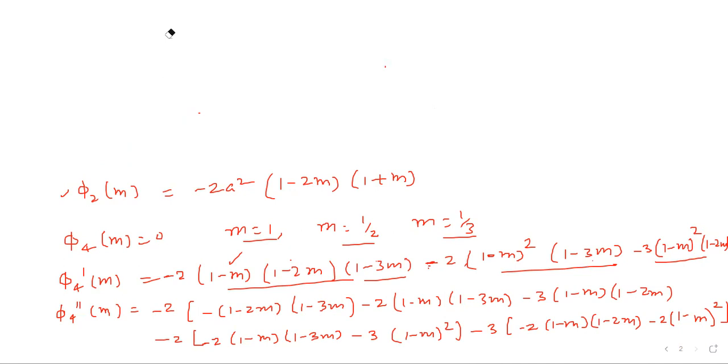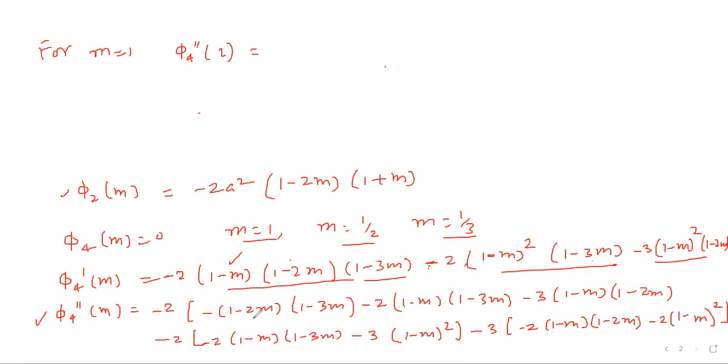So here for m equal to 1, we find phi 4 double dash m at 1.